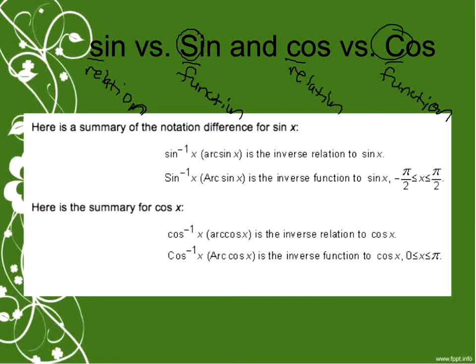Functions are really important to us because that means they pass the vertical line test. That's going to be when they're using those principal branches. So when you see a summary like this in the book, remember that very first problem we did today with the sine of 1/2, where I wanted to know where your value equals 1/2, and there were lots and lots of answers?